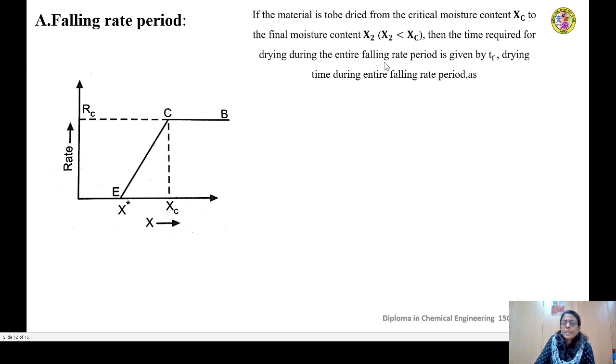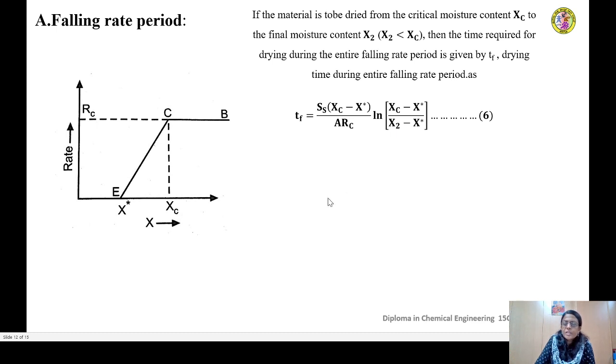So then the time of drying, by writing down xc for x1, will be like this. Tf is equal to Ss into (xc minus x star) divided by Rc into ln of x1 gets replaced by (xc minus x star) divided by (x2 minus x star).